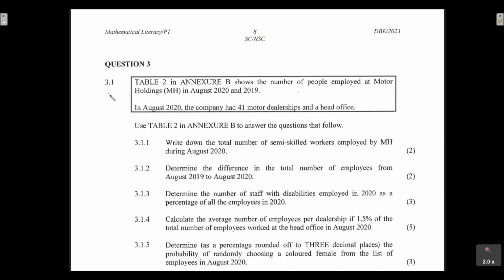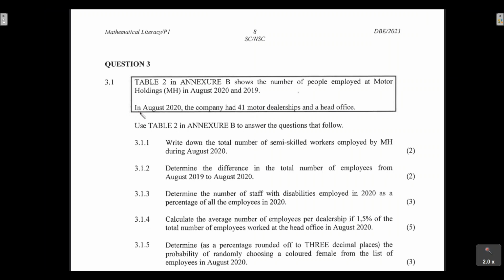Okay, so let's have a look. Question 3.1 says: Table 2 in annexure B shows the number of people that are employed at Motor Holdings (MH) in August 2020 and 2019. So this annexure B basically shows the number of people employed at this company in the month of August 2020 and August 2019.